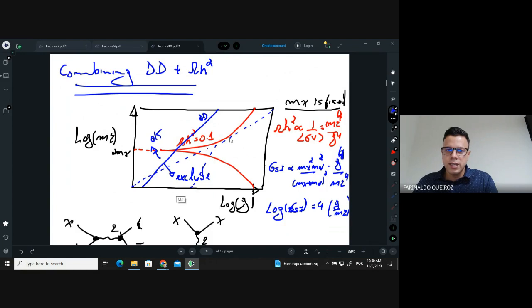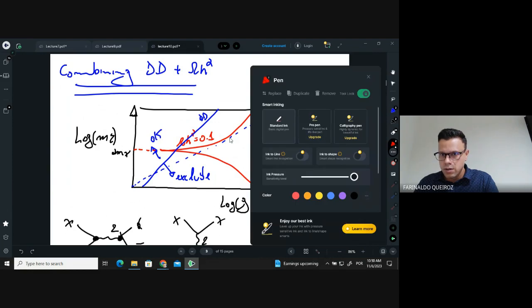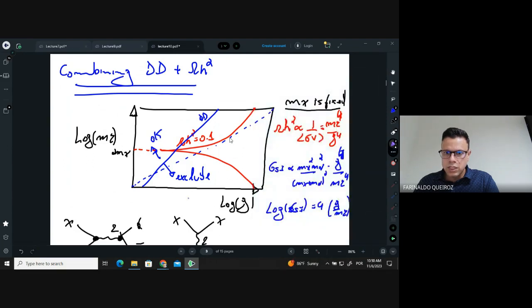So let me change the color. This direct detection limit at some point was around there.